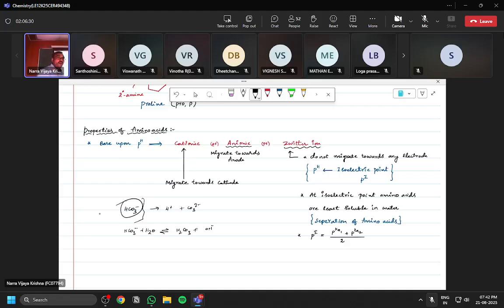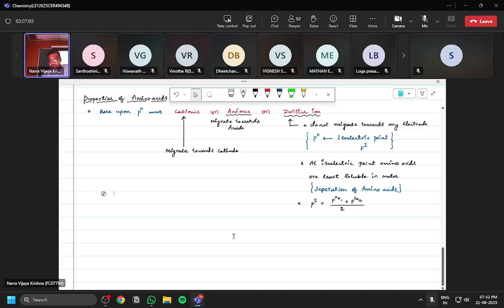Therefore, it is an amphiprotic anion showing anionic hydrolysis without cationic hydrolysis. In that case, pH becomes equal to (pKa1 plus pKa2) by 2. Is it clear? Any questions in this? Online, someone respond. No doubt, sir.